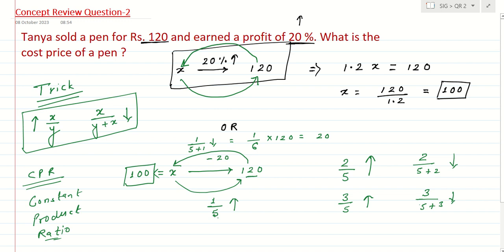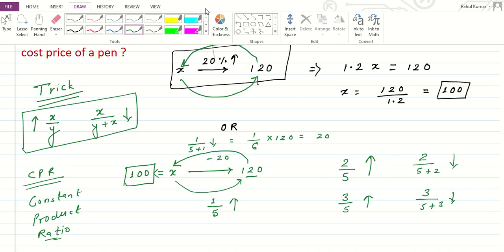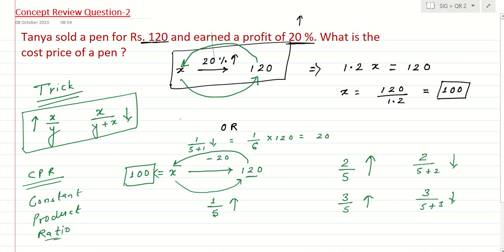Of the original value 120. So 20 rupees decrement. Subtract 20 rupees out of 120, and I'll get my answer back, that is 100 rupees. I hope that makes it very simple and you understand this concept well. We can solve many more questions using this concept. We will see the other questions further.